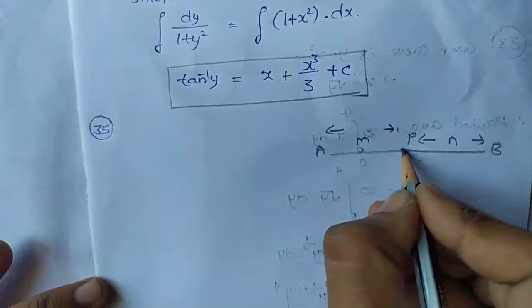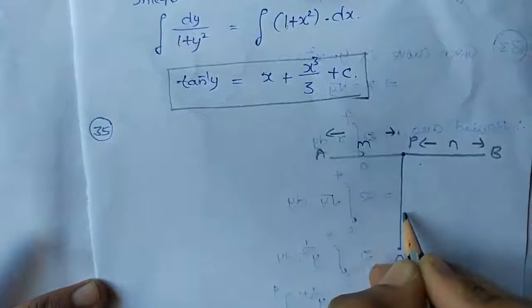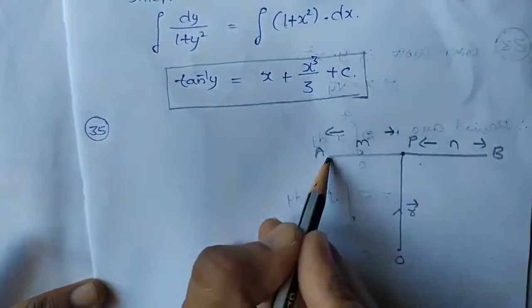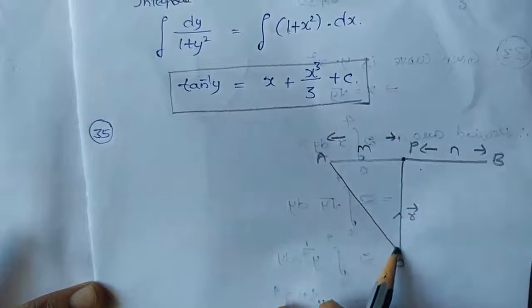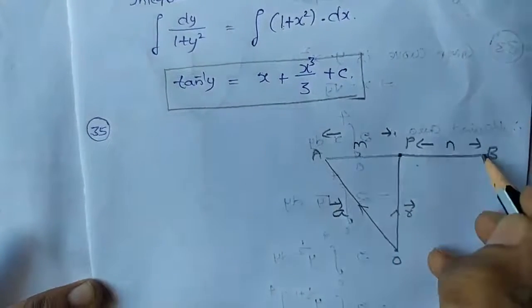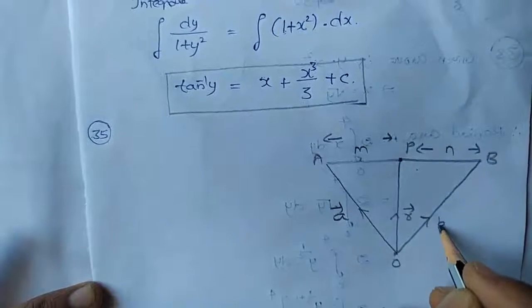Therefore, the position vector of the point P with respect to the origin is R vector. Similarly, the position vector of the point A with respect to the origin is A vector, and the position vector of the point B with respect to the origin is B vector.